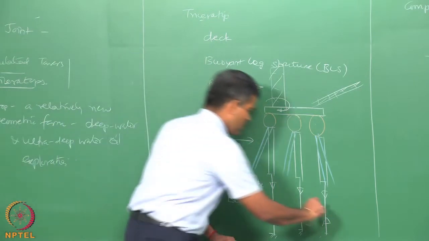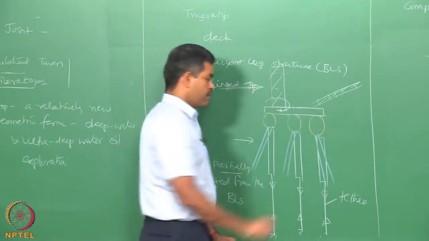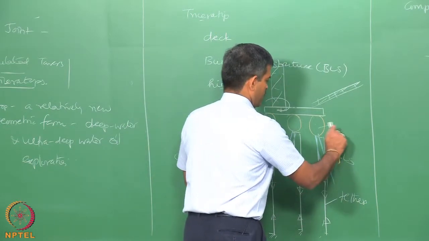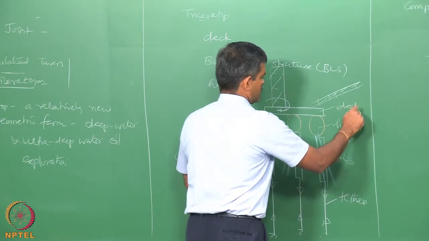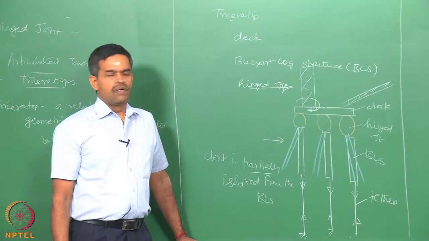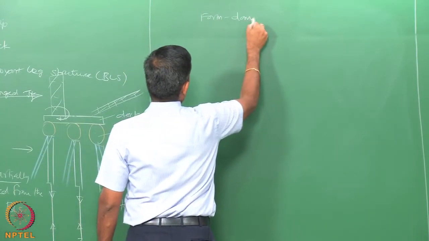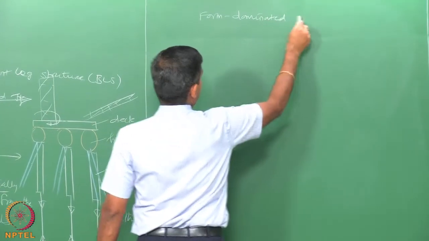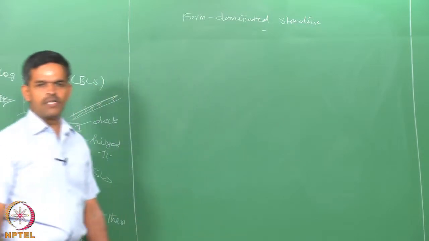So, these are tethers which are connecting the BLS to the seabed. Interestingly, this is a form dominated system. Okay, it is a form dominated structure.